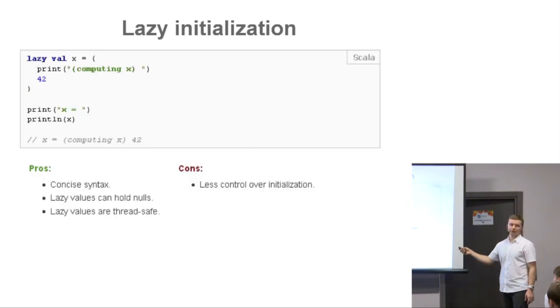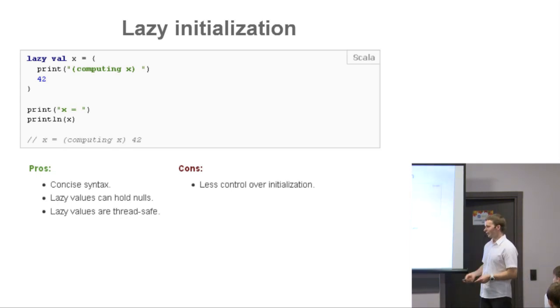In Scala, we can do the same in a much simpler way. We use a lazy modifier to declare a lazy value that will be computed on demand. And here's an example. We are defining a value x, and then printing x equals to the system output.